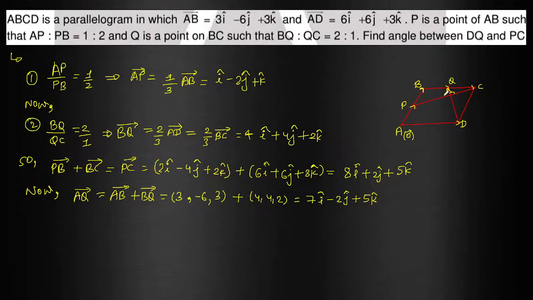Now AD vector plus DQ vector is AQ vector. From here we can say that DQ vector is AQ vector minus AD vector.